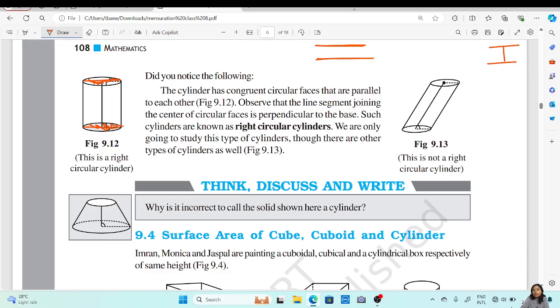Perpendicular as in like this. So these are the 2 faces and these are the line segment that is joining and it is perpendicular. Perpendicular is always in this direction. So therefore such cylinders, they are known as right circular cylinders because see it is forming some kind of right angle here at this point and some right angle over here.